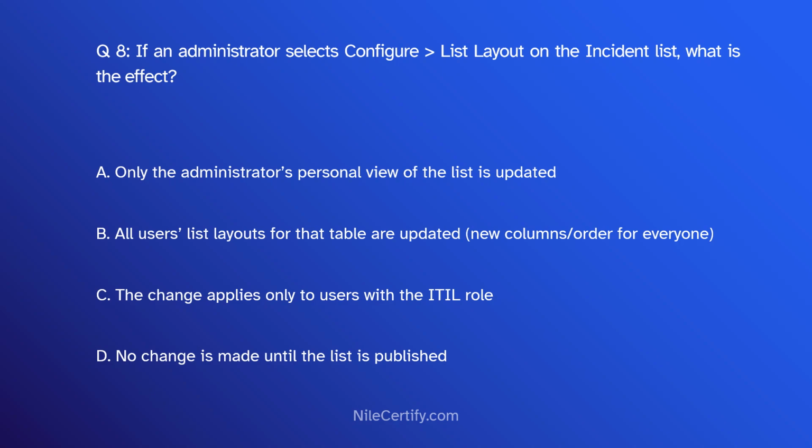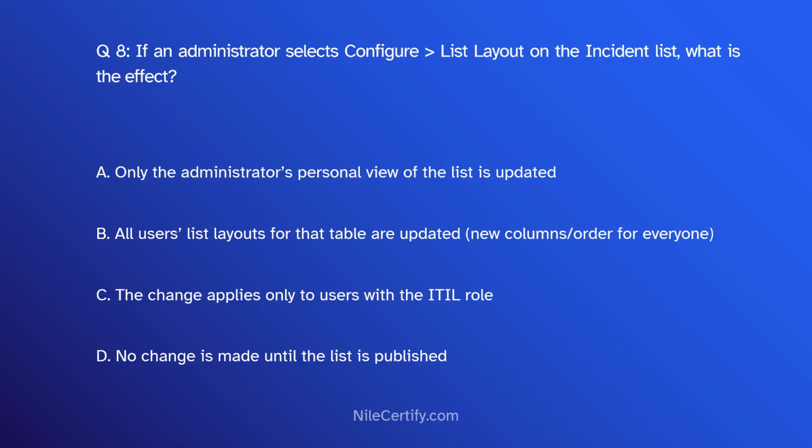So the question is testing if you know the difference between configure list layout, which is a system level configuration, and personalized lists, or the gear icon, which is per user. Once you see configure list layout, you should be thinking, this is going to affect everyone who uses the list view, and hold that thought while we check each option.